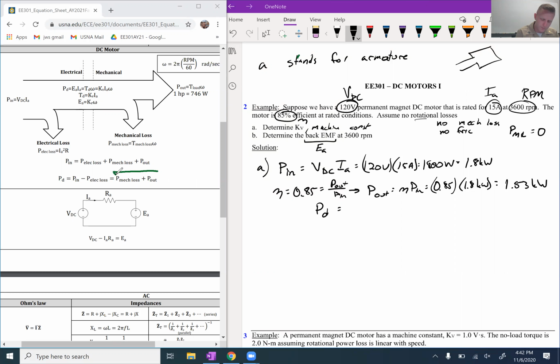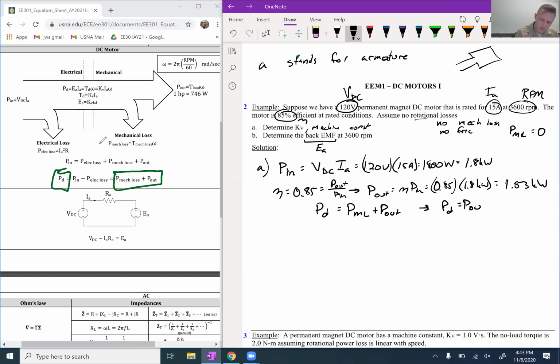Okay, I'm looking at this part right there. So that power developed equals P mechanical loss plus P out. And since my P mechanical loss was 0, my power developed equals my power out. So this right here, 1.53, is also my power developed.